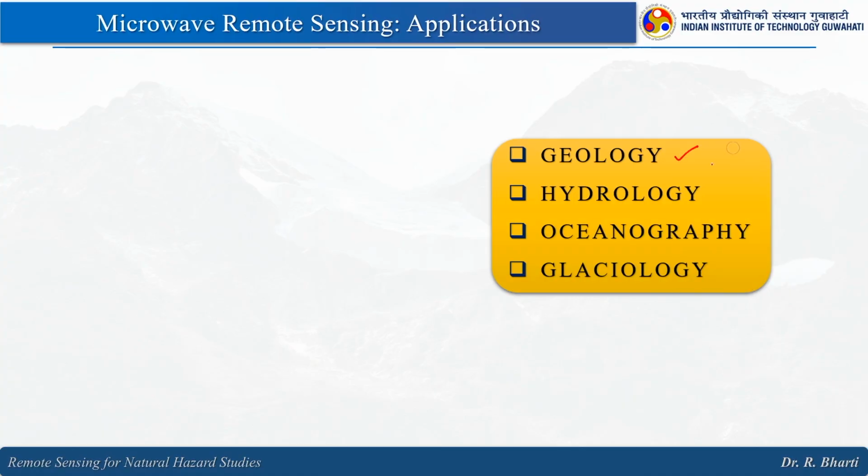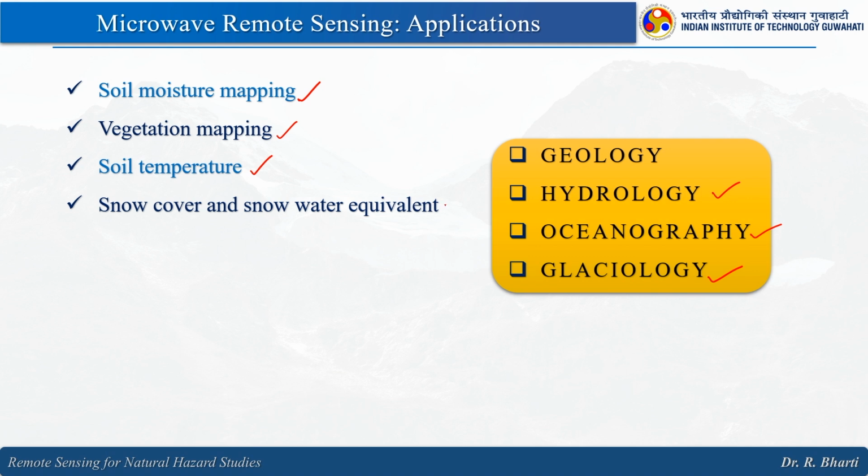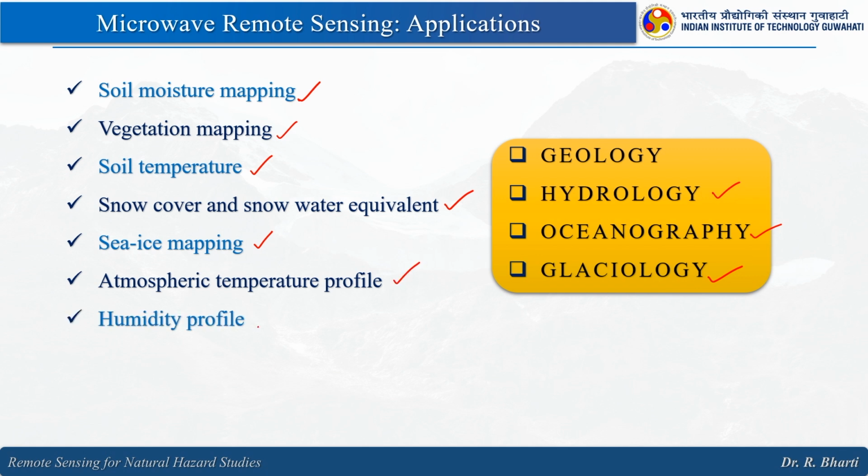Microwave remote sensing products are widely used in geology, hydrology, oceanography and glaciology, right. So, you might have come across many literatures where we are using microwave remote sensing for soil moisture mapping, vegetation mapping, soil temperature, snow cover or snow water equivalent in glaciology, sea ice mapping, atmospheric temperature profiling, then humidity profiling, precipitation.